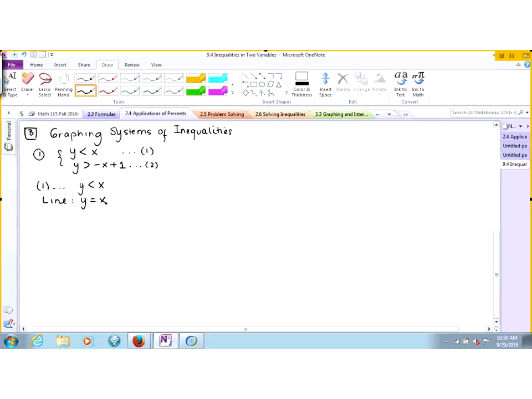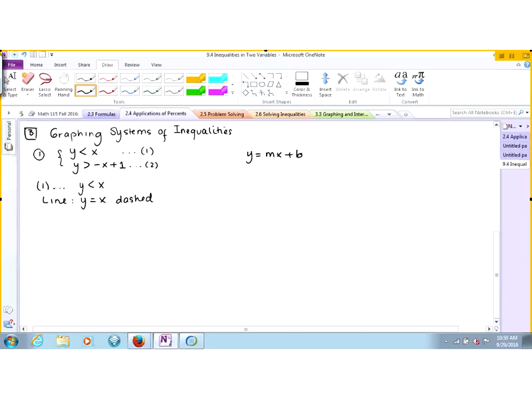Okay. Good. Solid or dashed? Okay. So when I graph it, it will be dashed. All right. So how do I graph y equals x? Do we use slope intercept or what? You could use some points. Okay. So actually, remember, this is slope intercept form.